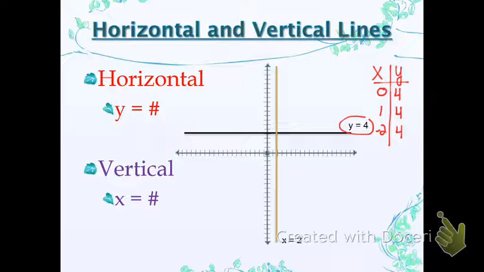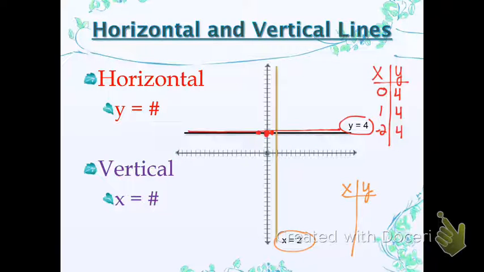The only thing that matters is that y is 4. So when I plot those points like 0, 4, 1, 4, -2, 4, they end up all being on this horizontal line.